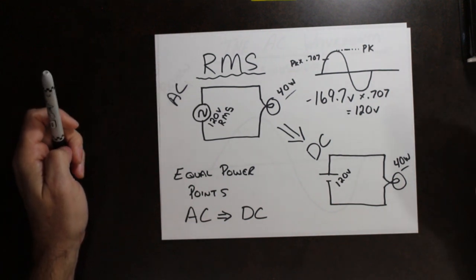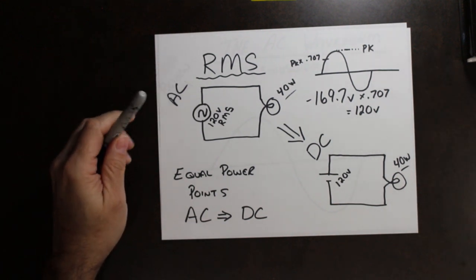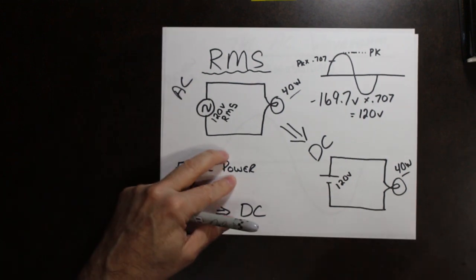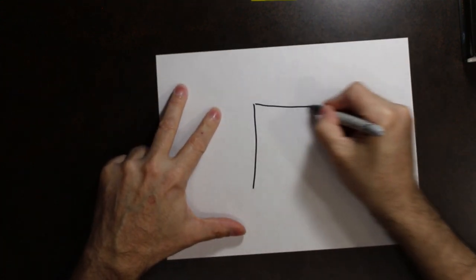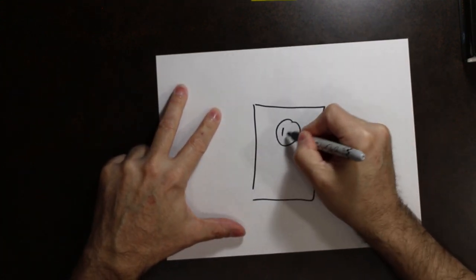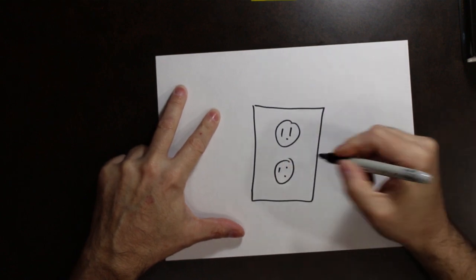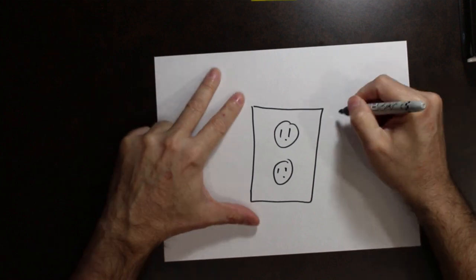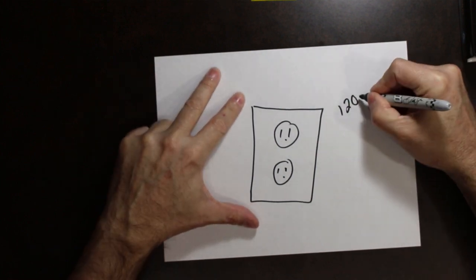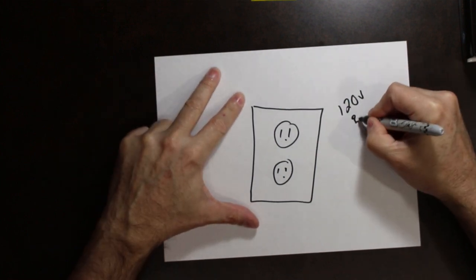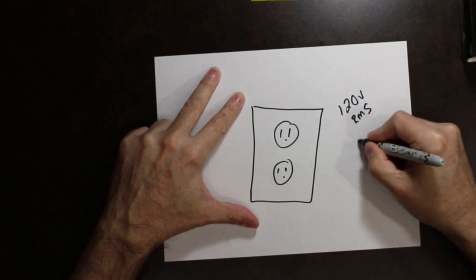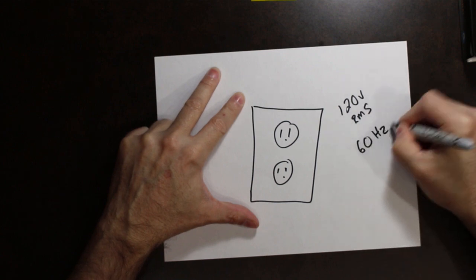When you look at the electrical plugs in our houses here in Canada, so we take a look at the electrical plug. Here we go, fancy plug. This plug is 120 volts RMS at 60 hertz.